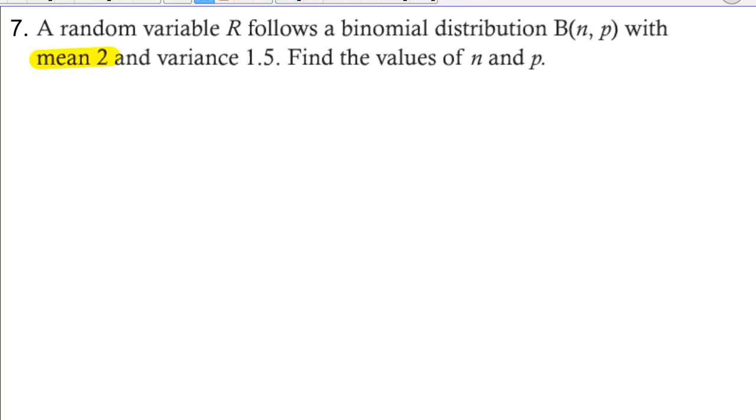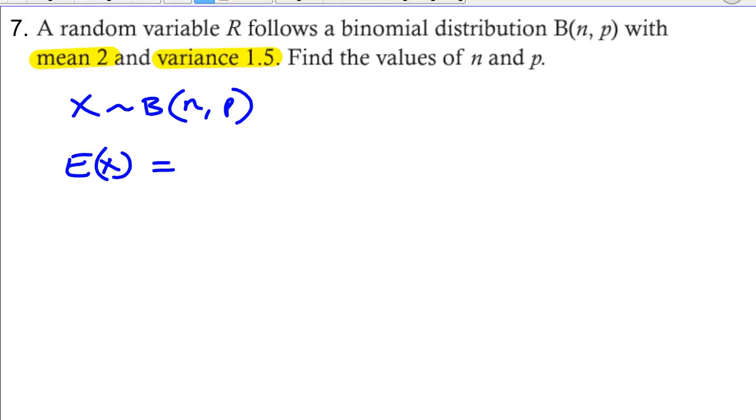The mean is 2, the variance is 1.5, and X follows a binomial distribution with those parameters. They're telling us that the mean is 2, so the expected value is np.